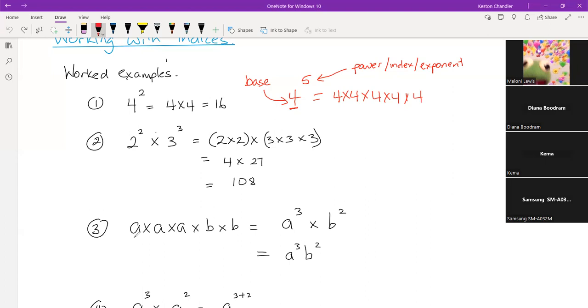So for example, a by a by a, right? That's going to be a to the power of 3. B by b is going to be b to the power of 2, right? From algebra, we know we could join these together when we are multiplying. So a cubed multiplied by b squared will be written as a cubed b squared.